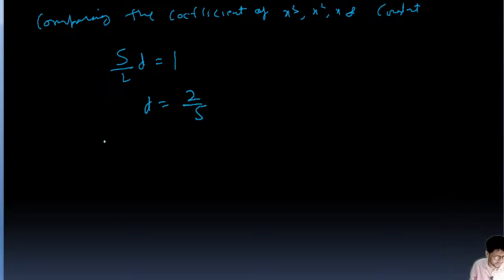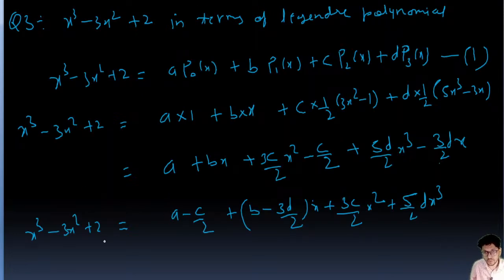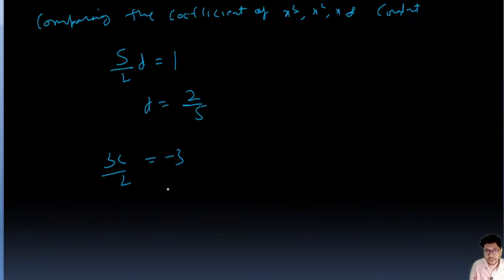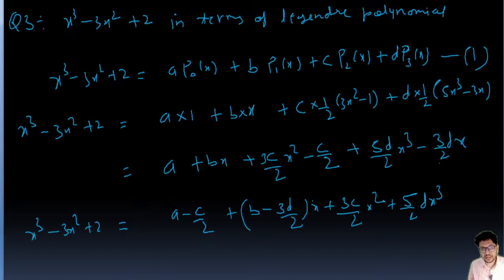And then 3c by 2 is going to be minus 3 for x square. This one, 3c x square, this is minus 3, right? Next, b minus 3 by 2 d is going to be equal to 0, because there is no x term, right?